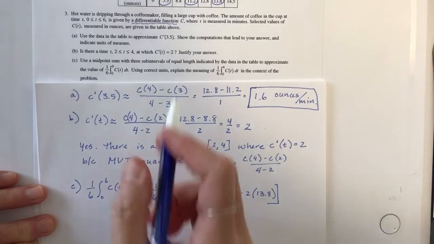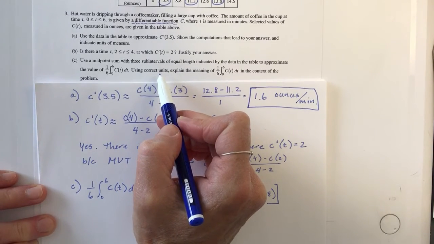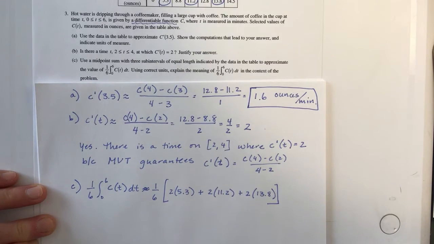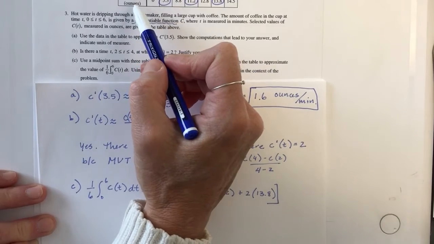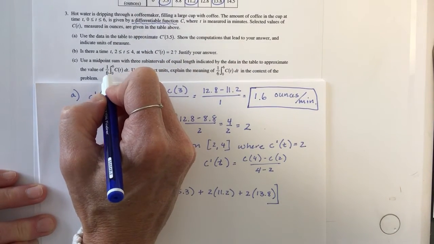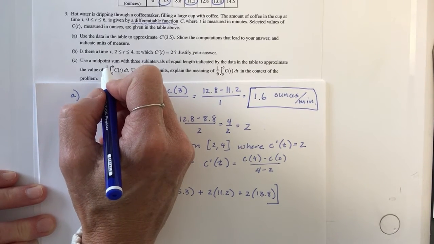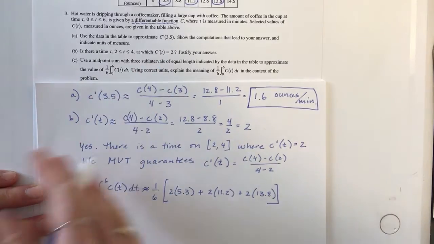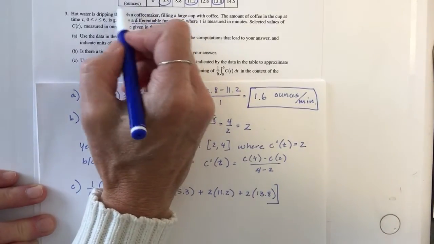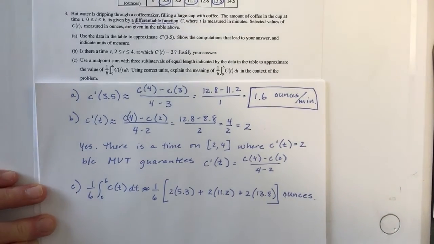But we need to write our units. We're anti-differentiating, so ounces, but then we're dividing by 6 too. So this is the average number of ounces. Our units are ounces.